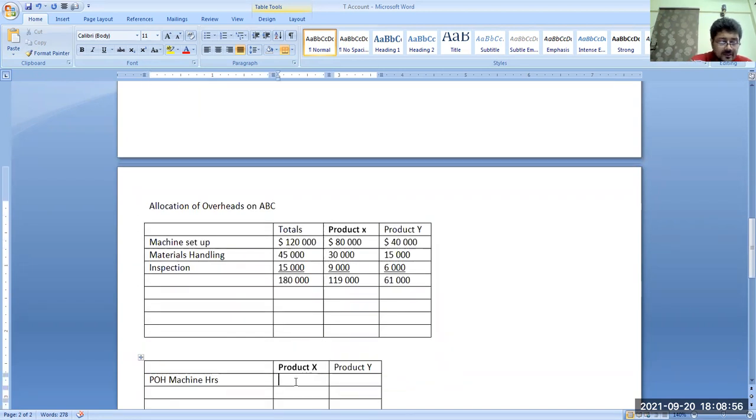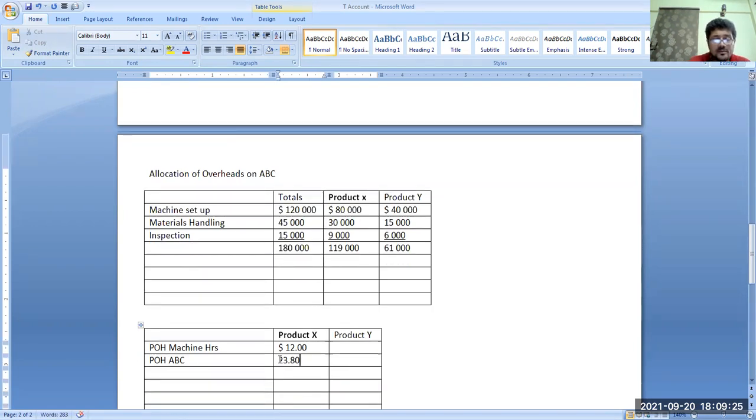Dollar 12.0. Okay. And production overhead on ABC, activity based costing. We know that it is 119,000 divided by 5,000 units. So it's 23.8. 23.80.